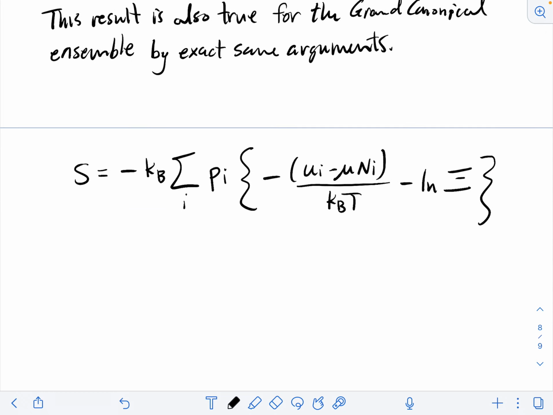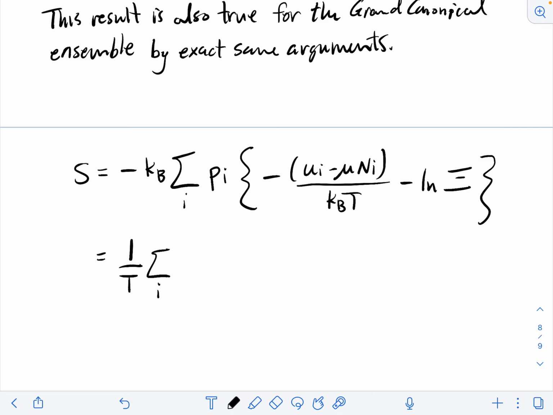So let's see, we can distribute the sum, and in the first term the kB's cancel, so we have 1 over T, the minus signs cancel as well, sum over i of p_i U_i, and then we have minus mu over T sum over i of p_i N_i, and then we get a plus kB ln of the grand partition function.